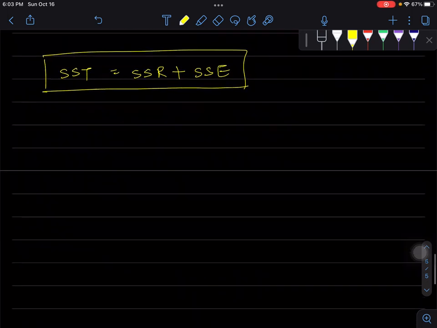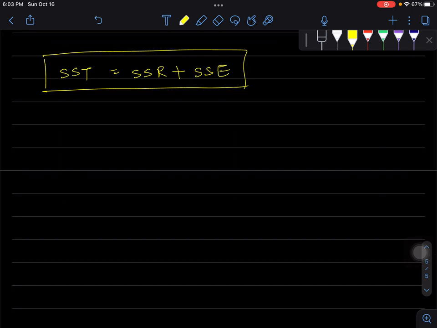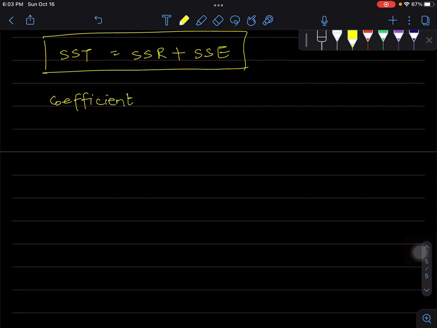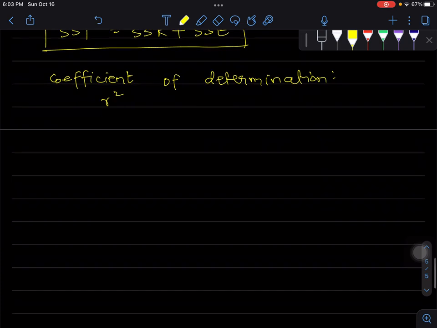And using these values of SST, SSR, and SSE, we can find the coefficient of determination, which we all know as r squared, that we have been doing in some of our quizzes, but we don't really know what it is. Well, we sort of know.